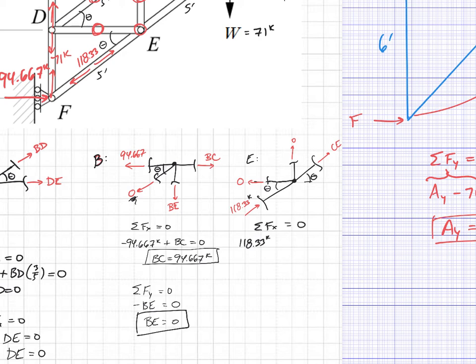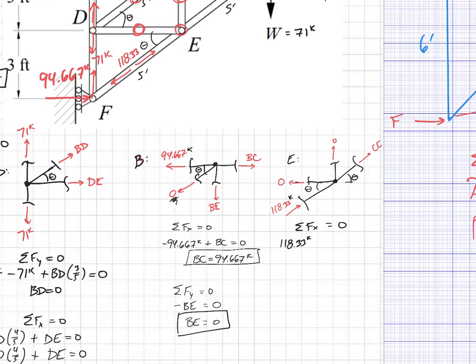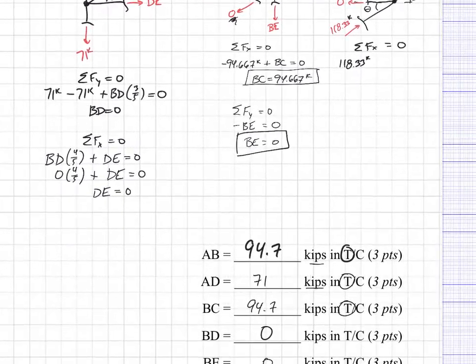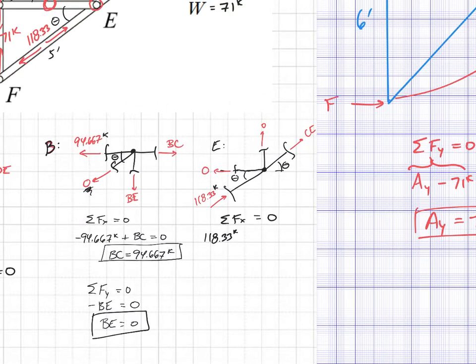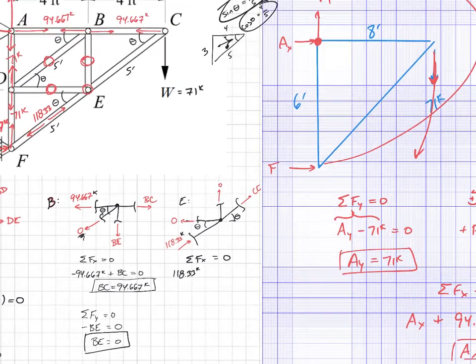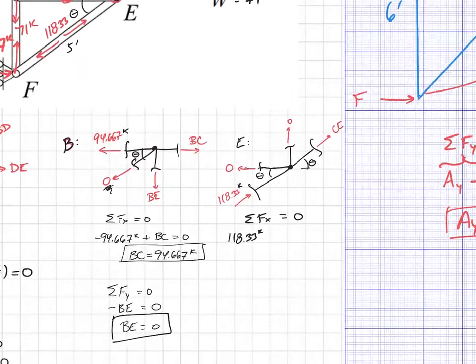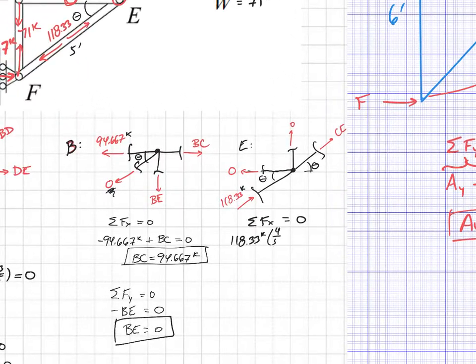Sorry, I should be including these units all along here. Looks like I did for the other ones. So if we're going in the X direction, we would want the cosine of that angle, which in this case is going to be 4/5. Then I add CE times the cosine of that angle, 4/5, equals 0.